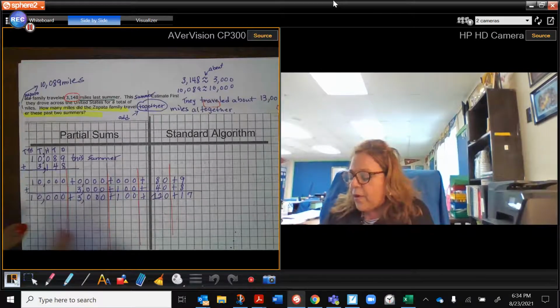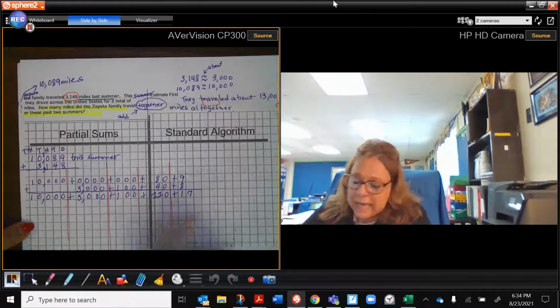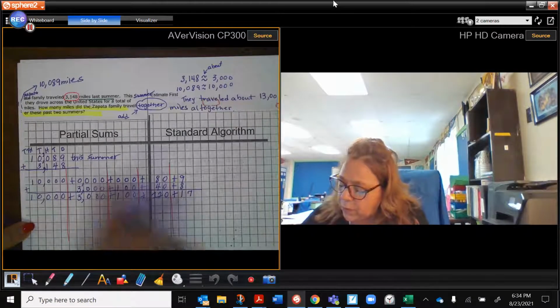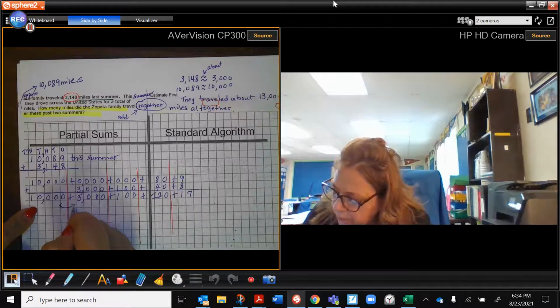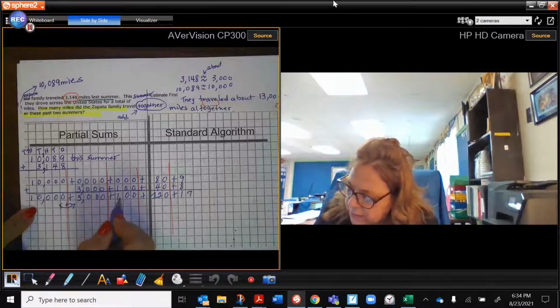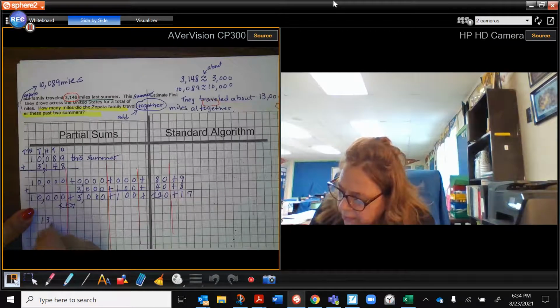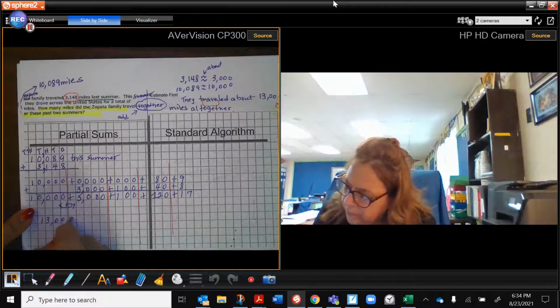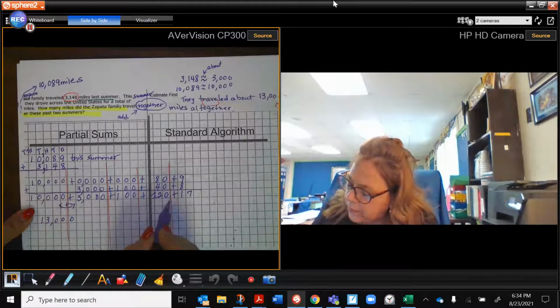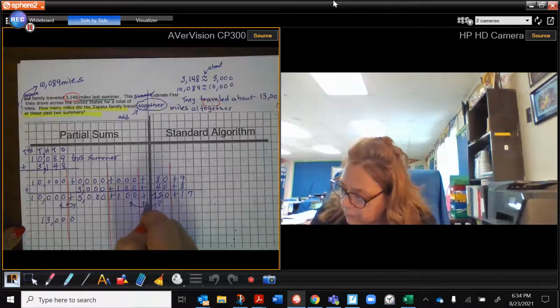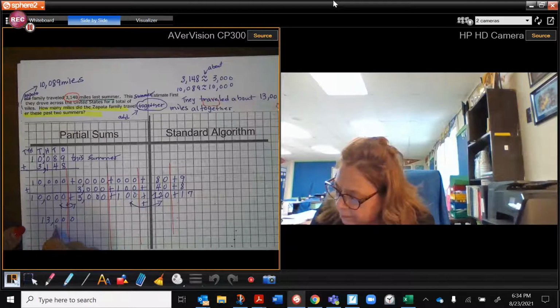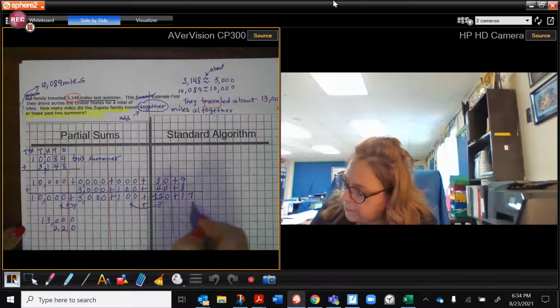All right, now that we've added that part up, I still have to put my number together. What is it? So 10,000 plus 3,000 equals 13,000. 100 plus 120 is 220 plus 17.